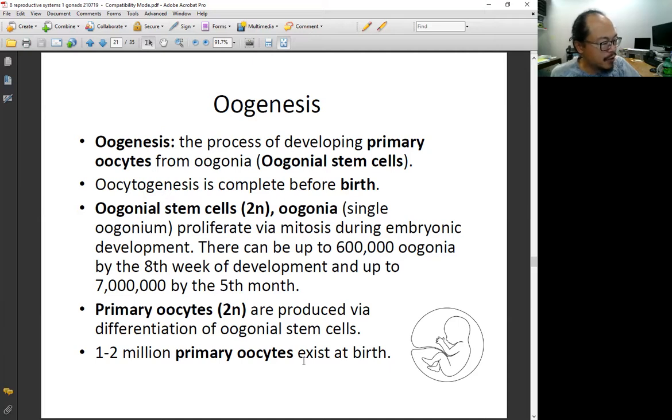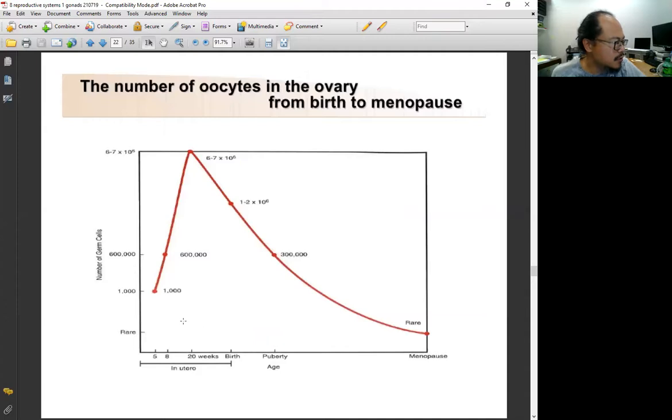They will be primary oocytes at birth. This one is just showing you that the primary oocyte number peaks at about 20 weeks gestational age, and then at birth, and then just gradually drops.